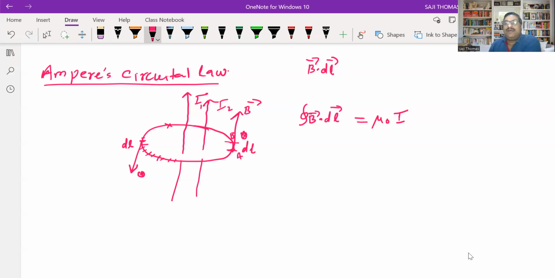So what is the statement of Ampere's law? Ampere's law states that the line integral of the magnetic field around a closed loop is equal to mu0 times the total current passing through the loop. Okay, this is Ampere's law.